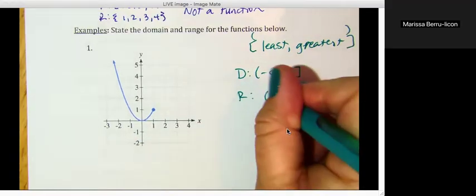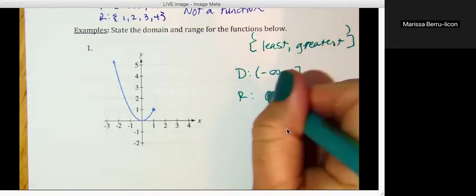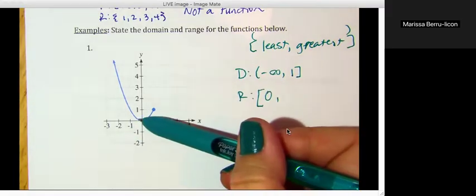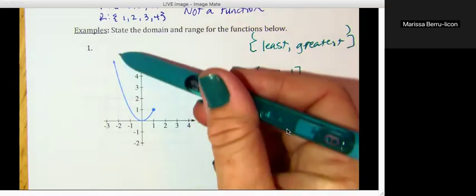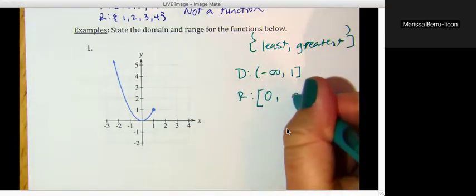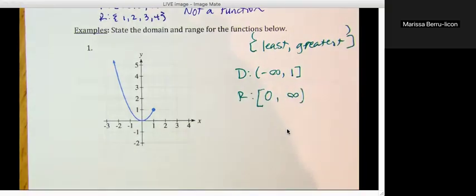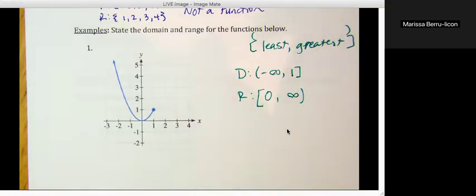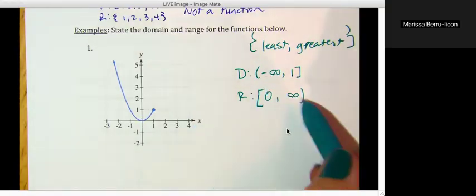But that is my very first y value, and I will use a bracket on 0 as well because it does actually equal 0. And then we can see that my function continues to increase forever and ever, and we will never reach that last y value. So it's going on to infinity. And we will use a parenthesis on infinity. Infinity always gets a parenthesis, both negative and positive.